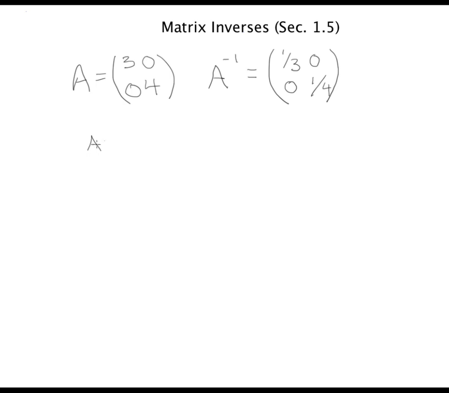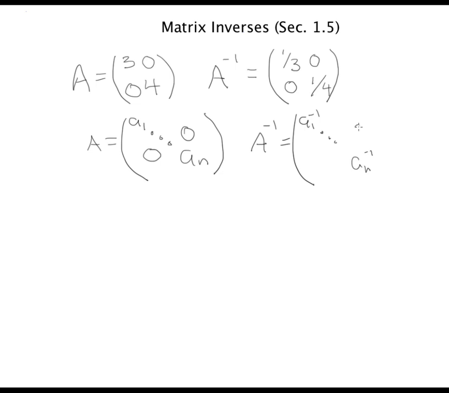In general, diagonal matrices are very easy. If A is A1 down to AN, then A inverse is just the inverses, A1 inverse down to AN inverse.